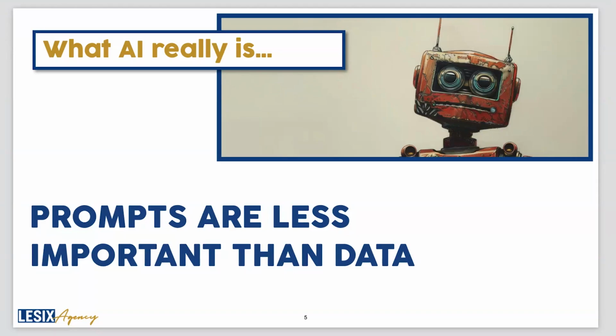But the point here is, think about it from a marketing perspective. I see people all the time say, if you want ChatGPT to do your marketing for you, here's an easy way to do it. Go into ChatGPT and write a prompt that says, give me 30 headlines I can use in an image.